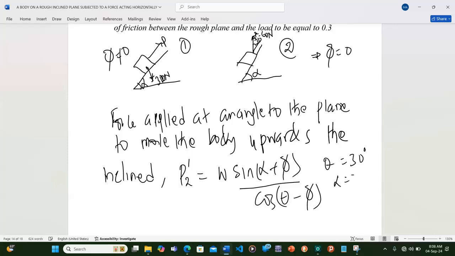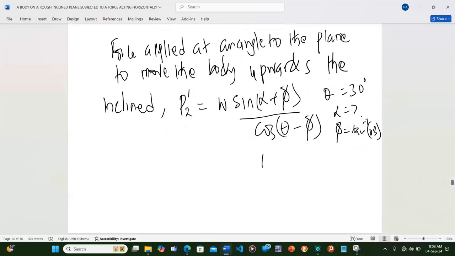So alpha is not known, theta is known, and phi is also known, because we can obtain it from arctan of 0.3. We know tan phi is equal to nu, the coefficient of friction, which is equal to 0.3.